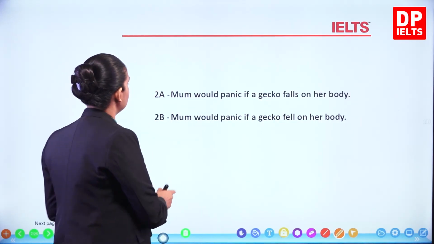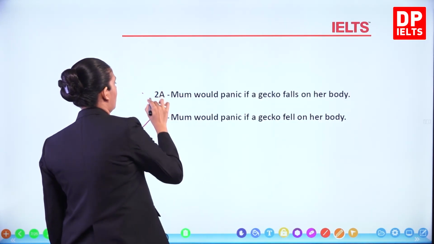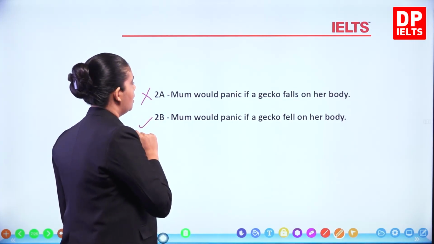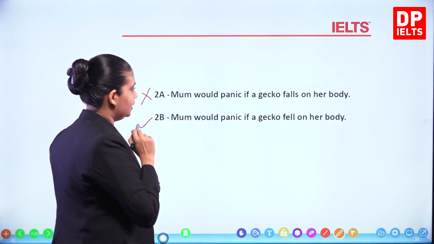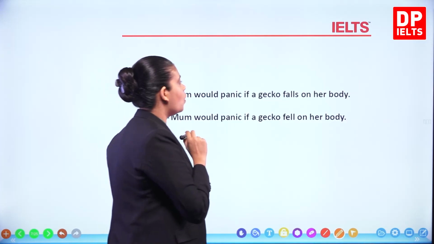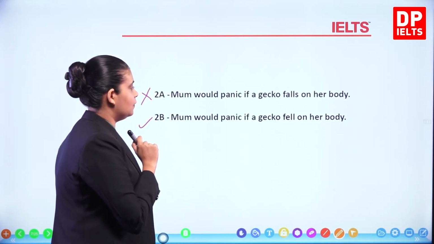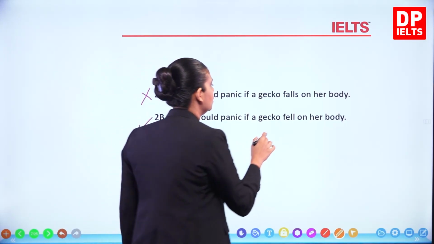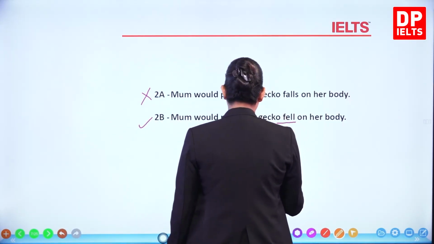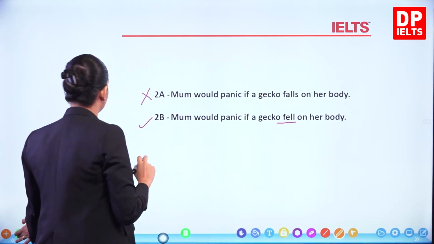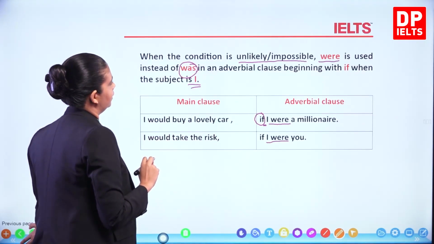Second one, why is 2B correct? Why is 2A wrong? A: Mommy would panic if a gecko falls on her body. B: Mommy would panic if a gecko fell on her body, right? Now, what is that rule? Come back here, right?